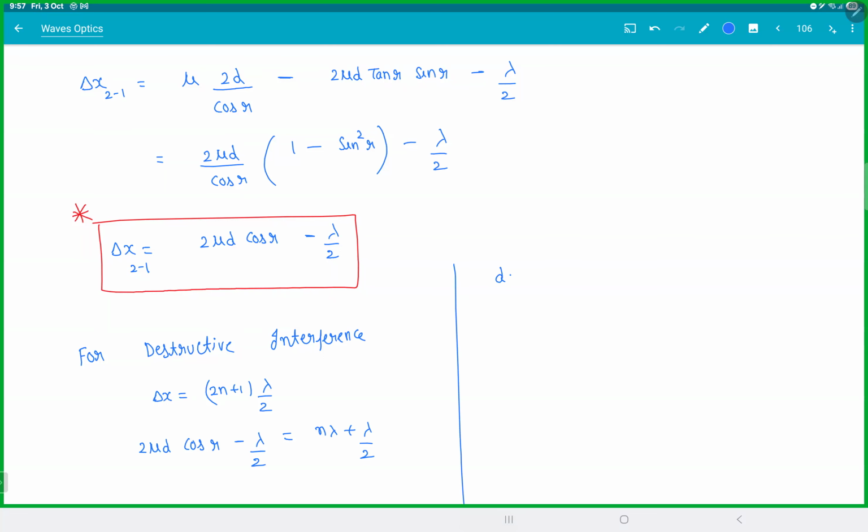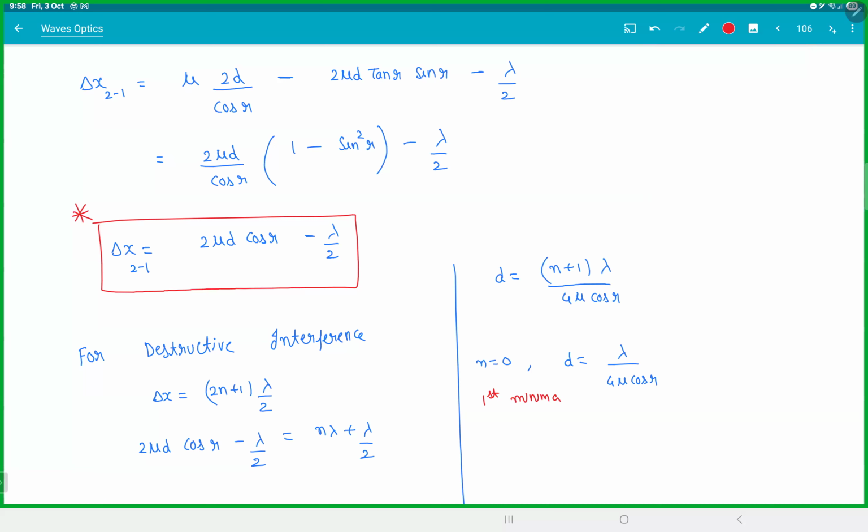This will give you D is equal to (n plus 1) lambda by 4 mu cos R. Now if you take n is equal to 0, then we get D is equal to lambda by 4 mu cos R. That is the thickness of the slab. This is your first minimum. You can just put directly lambda by 2 for first minimum.